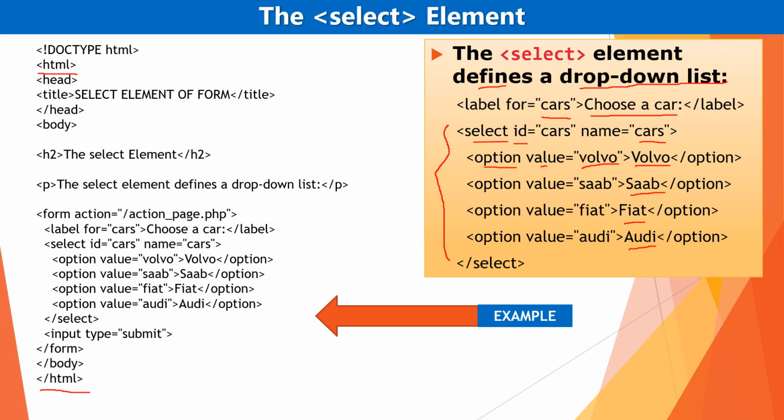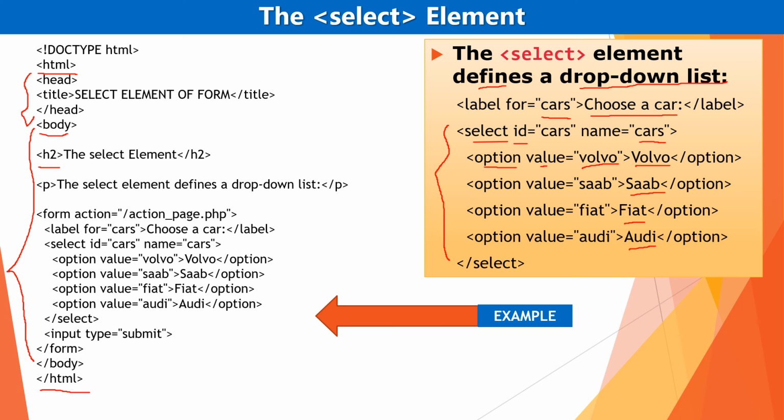Inside the html and end html, we can write two sections, a head section and a body section. In the body section we can write anything, and that will be displayed on the browser.